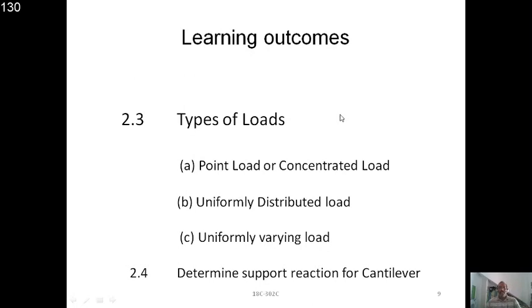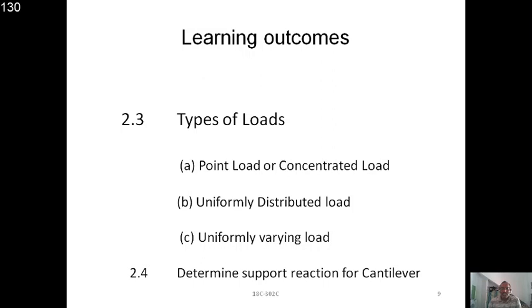Coming to what needs to be understood for your engineering mechanics syllabus, we are basically concentrating on two types of loads. One is point load or concentrated load, and the second one is uniformly distributed load. In the strength of materials subject or in your BTech, you will learn about the uniformly varying load.